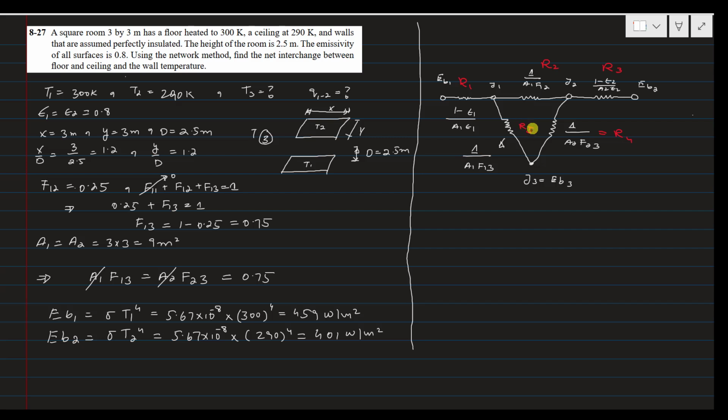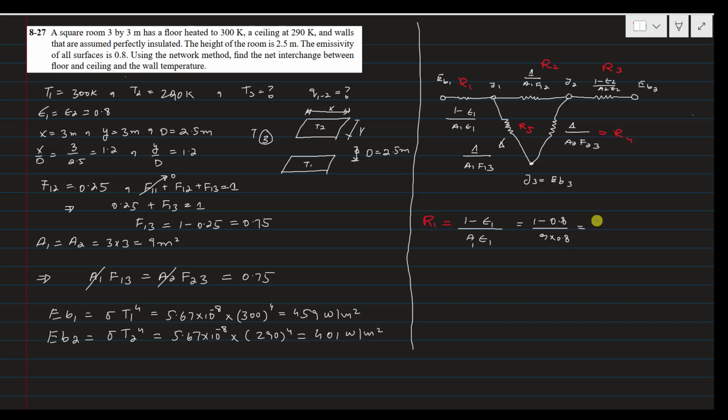Now first we will solve each resistance value, and then we'll move forward to the solution. So resistance R1 is equal to (1 minus emissivity 1) divided by A1 E1. So it is (1 minus 0.8) divided by 9 multiplied by 0.8.